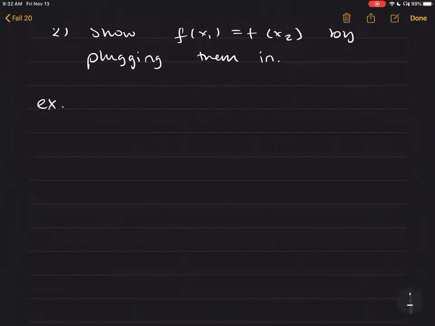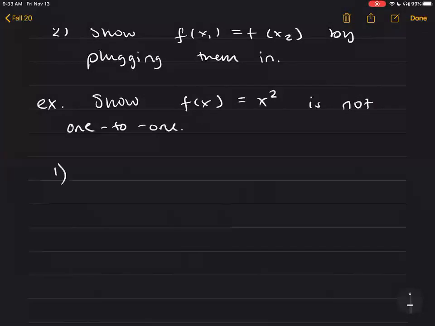Let's say we want to show f of x equals x squared is not 1 to 1. For our first step, the choice of which numbers you pick is really up to you.